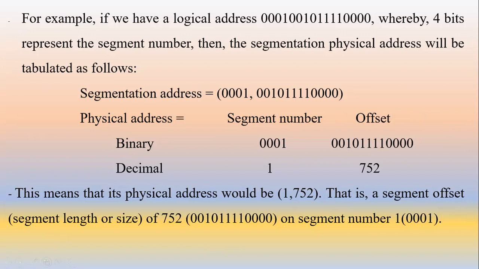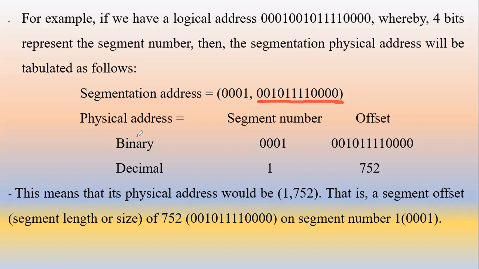So you get the entire segmentation address, which is 0001001011110000. And then because you have been informed that 4 bits represent the segment number, we pick the first 4 bits from the higher end of the address that will represent the segment number, and the remaining bits will represent the offset.